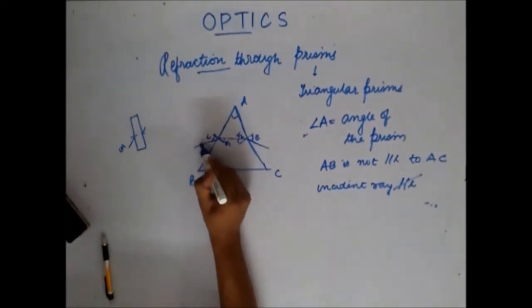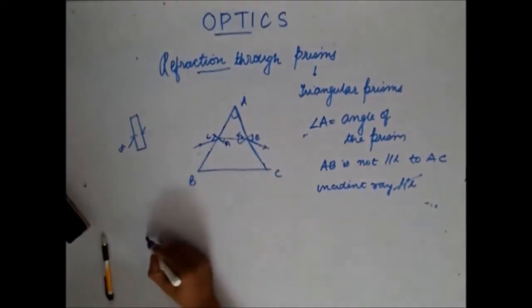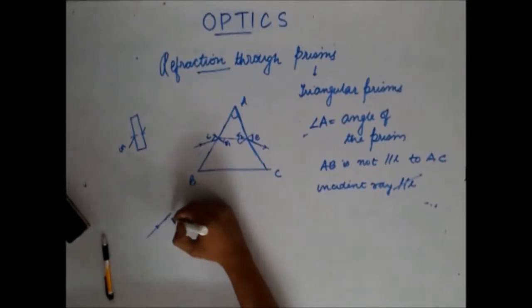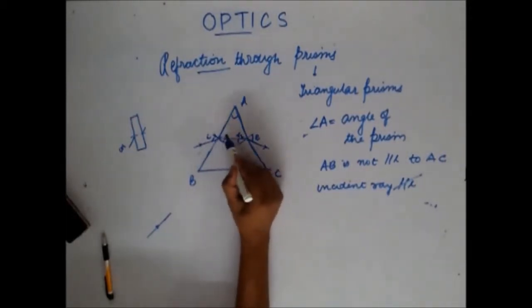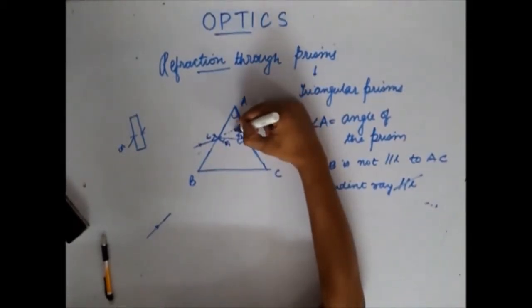To find the angle of deviation, we need to see how much we need to turn the incident ray to make it the emergent ray. For example, in this case, this is the incident ray, I extend it, and this is my emergent ray, right? I extend both.